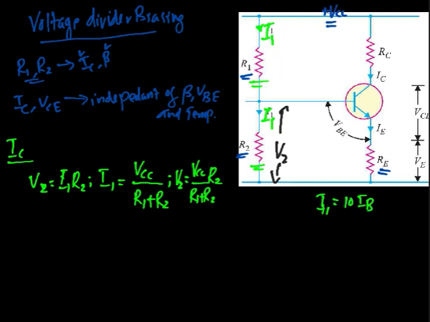Now if we apply Kirchhoff's voltage law to this input circuit, the V2 has to drop across the base emitter junction, which is denoted by VBE, plus IE into RE.